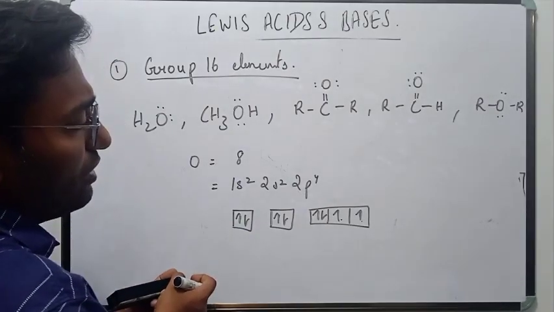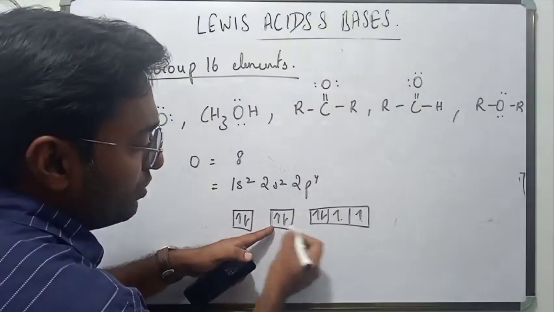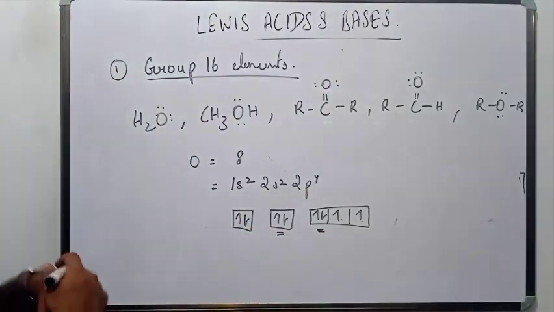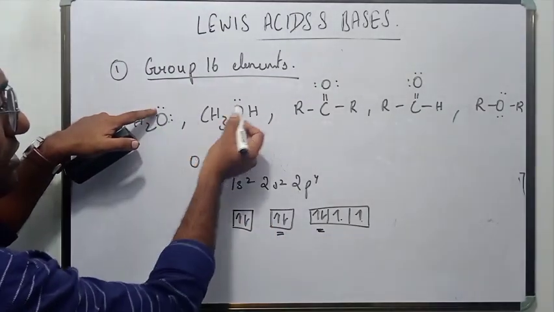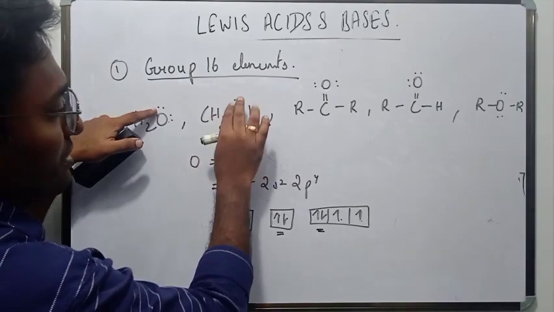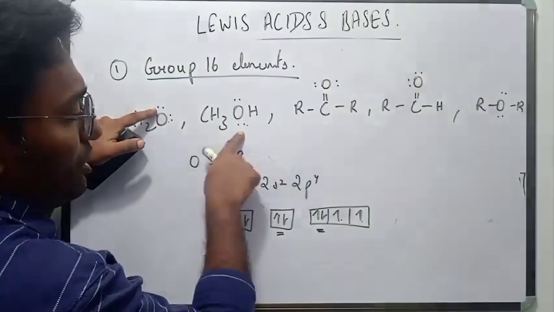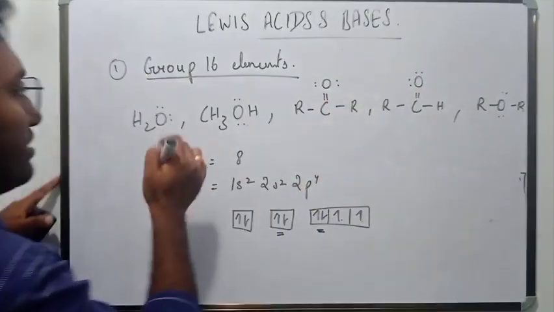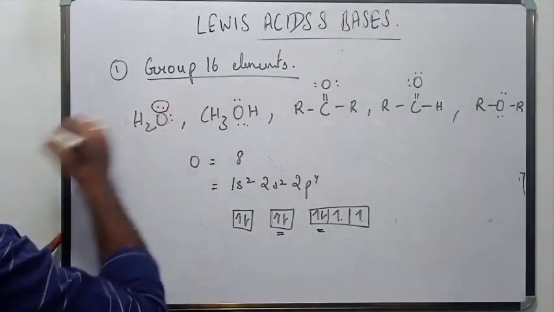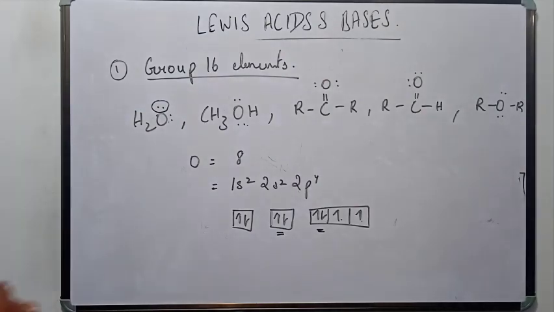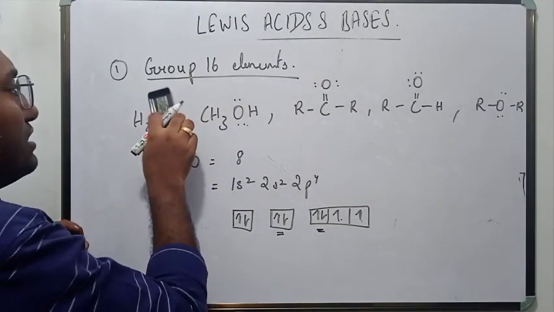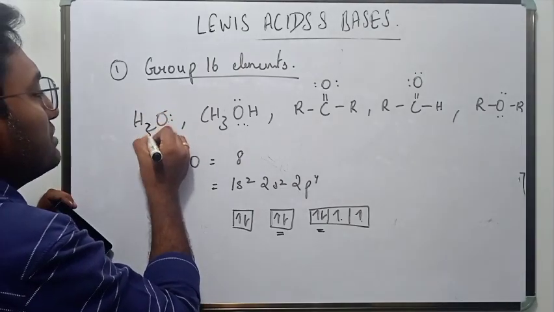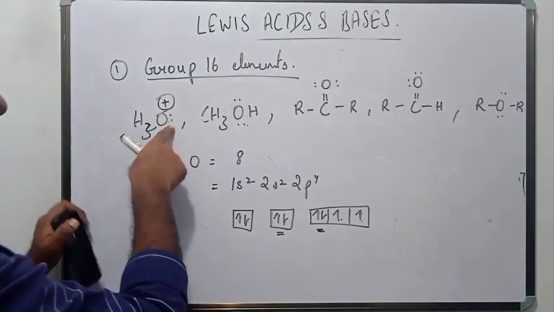There are 2 lone pairs of electrons in the outermost shell, one is this and one is this. One is the 2s2 and one is the 2p2. However, it will only donate 1 lone pair of electrons. So if H plus is coming, then it would take this pair of electrons and it would become H3O plus. A lone pair of electrons here remains.